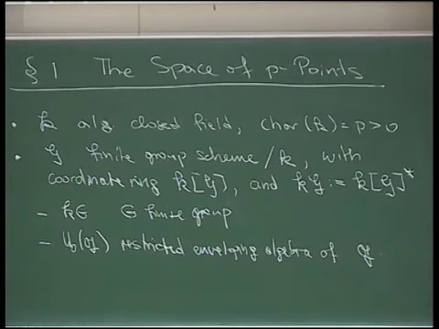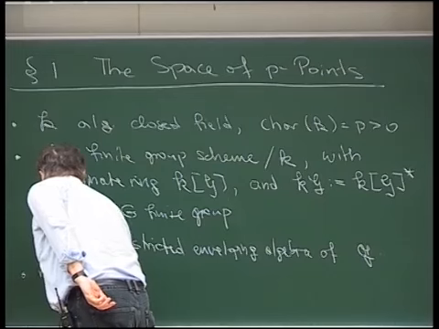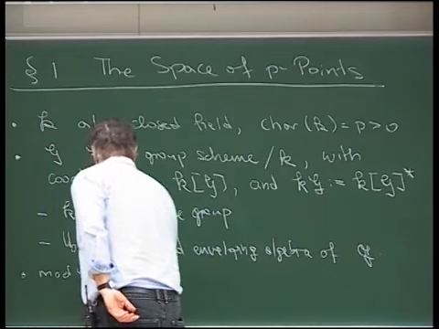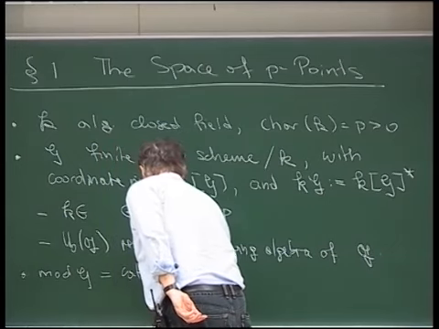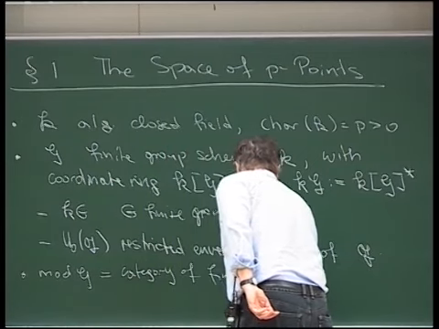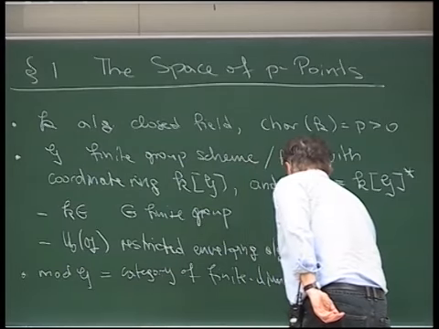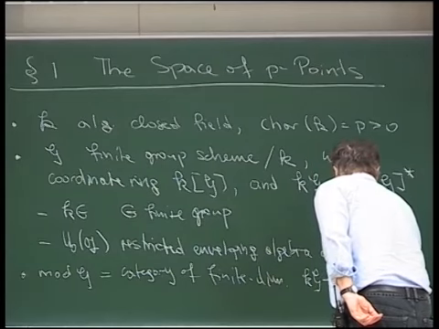Okay, next, what are we going to study? It's going to be mod G. This is the category of finite dimensional G modules, which is the same as finite dimensional KG modules.